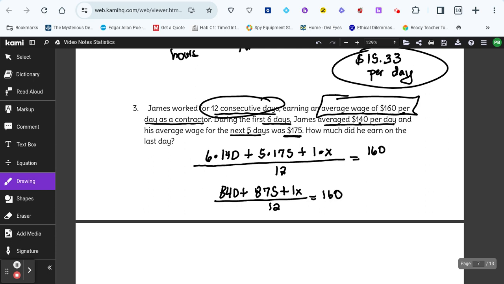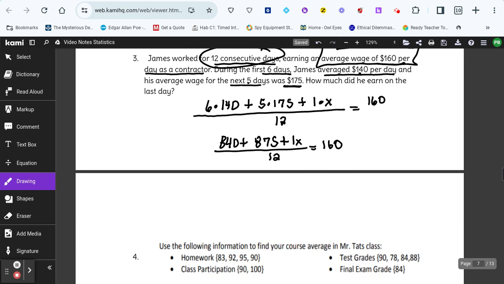So I have 840 plus 875 is 1715 plus, instead of 1x, I'm just going to put x, divided by 12 equals 160. So basically, I'm solving this one-step equation. I'm going to get rid of this 12.